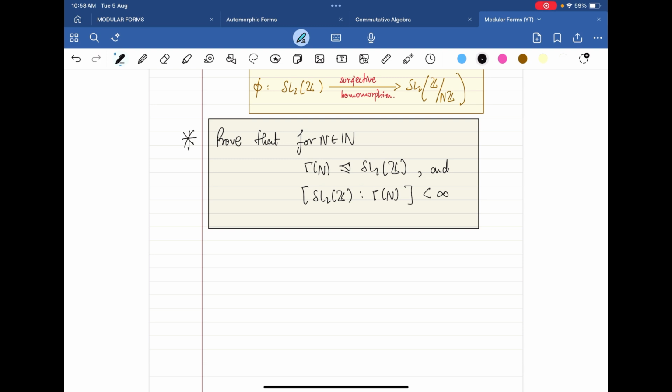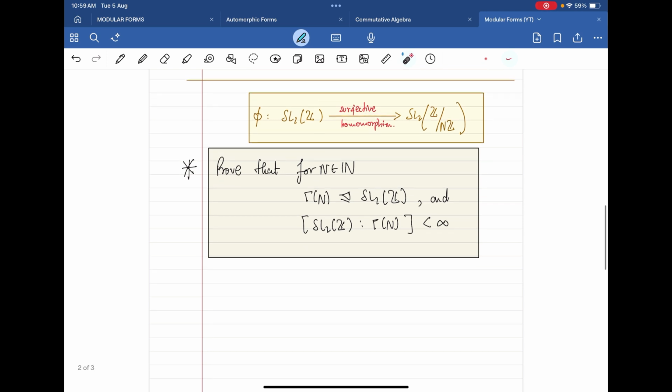So if we want to show that gamma n is a normal subgroup of SL2Z, I want a good homomorphism from SL2Z to another group whose kernel is gamma n, because I know that the kernel of a group homomorphism is a normal subgroup, and then we are done. And if you observe, the group homomorphism that I want is written over here.